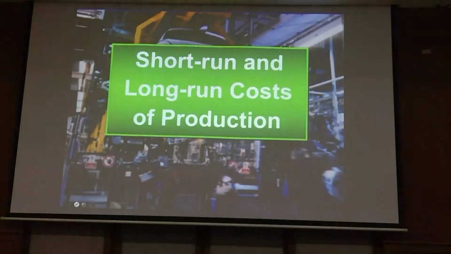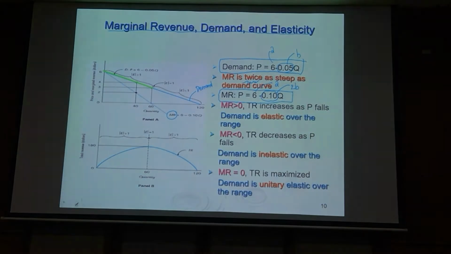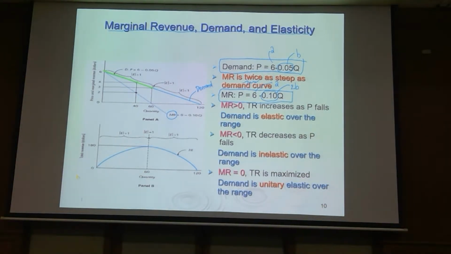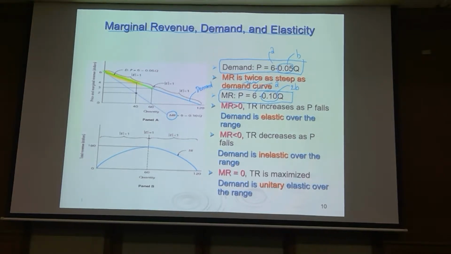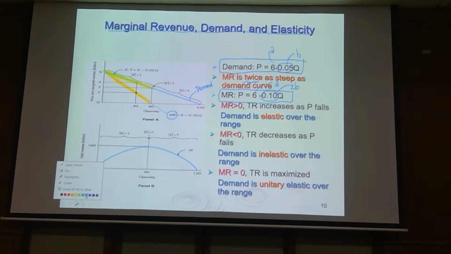So here you see, when demand is elastic, remember the upper portion of the demand curve, at high price, demand is elastic. You see marginal revenue is greater than 0. You know that from last time: when demand is elastic, demand is sensitive to price change.